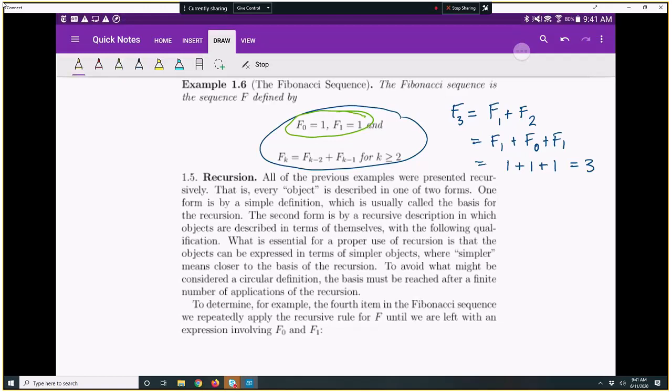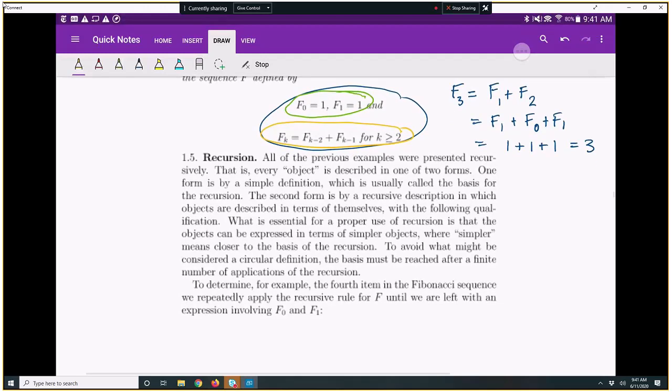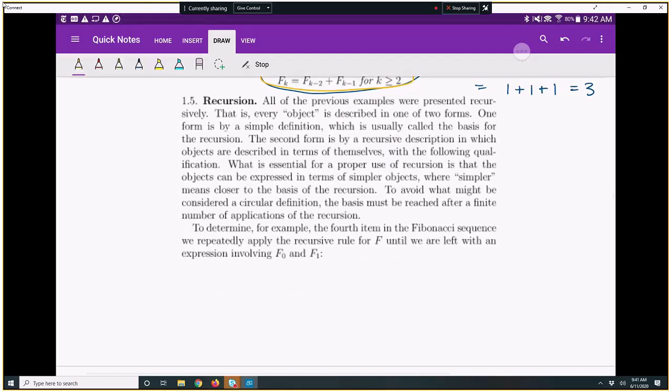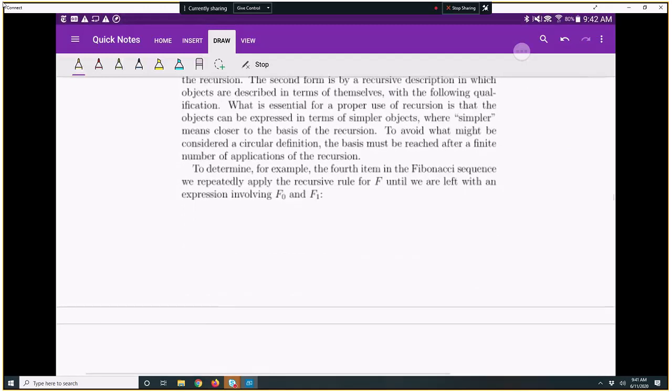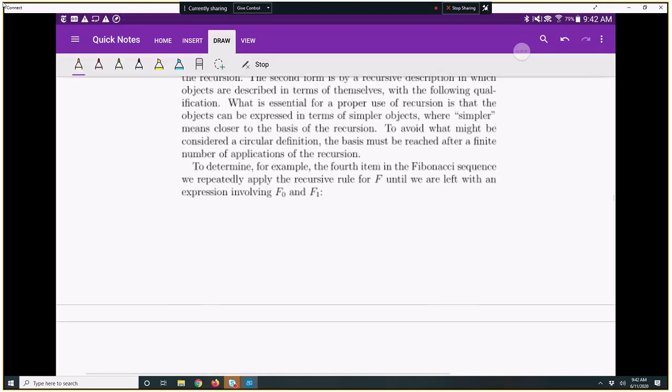So all of the rest of the terms are recursively defined. What is essential for a proper use of recursion is that the objects can be expressed in terms of simpler objects, where simpler means closer to the basis. To avoid what might be considered a circular definition, the basis must be reached after a finite number of applications of the recursion.